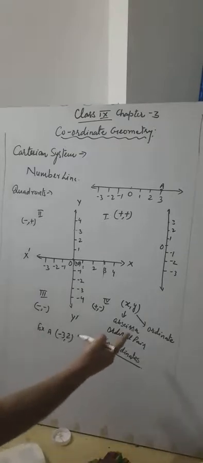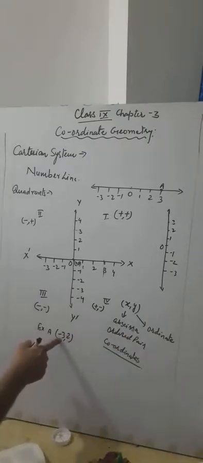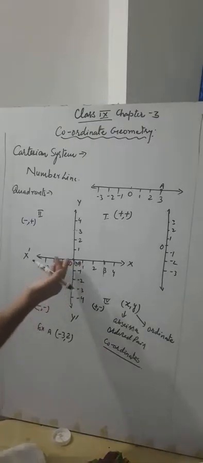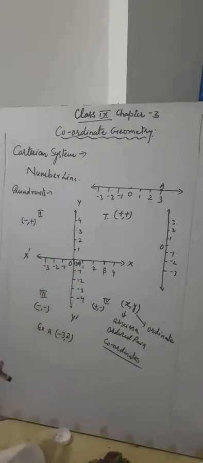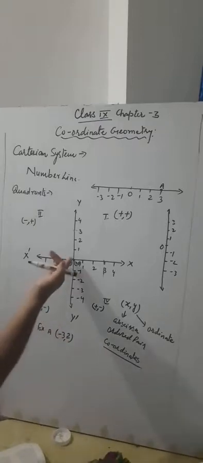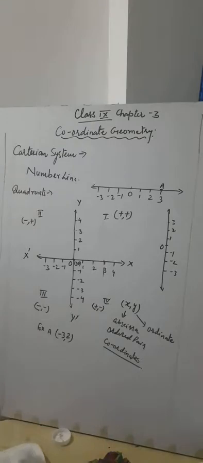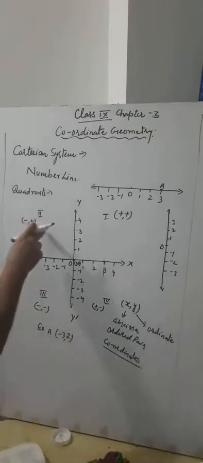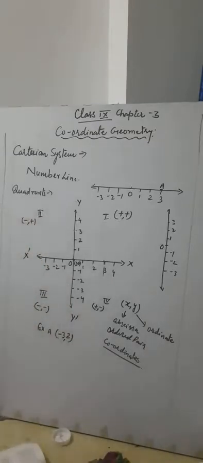So we can see that the abscissa of this point is -3. It means this is the OX dash axis and the ordinate is 2, means positive, so OY axis. It means the first term is negative and the second term is positive, so this point will lie in the second quadrant. And how will we plot the point A -3, 2?